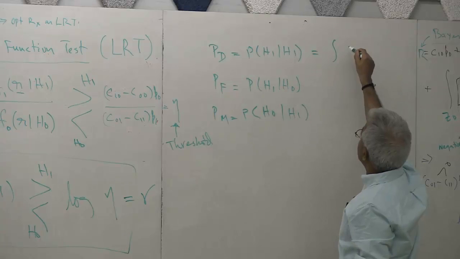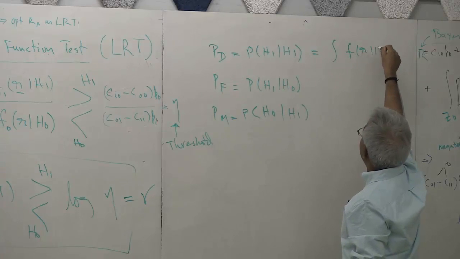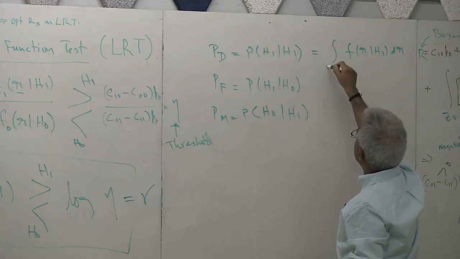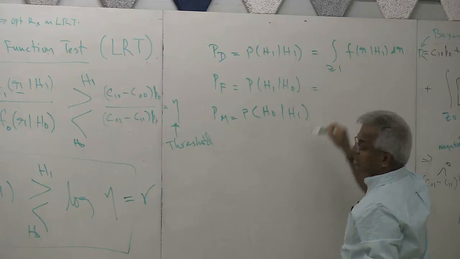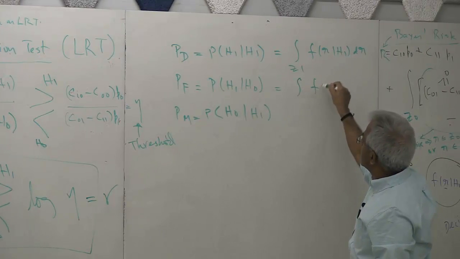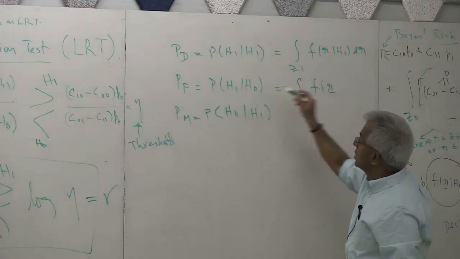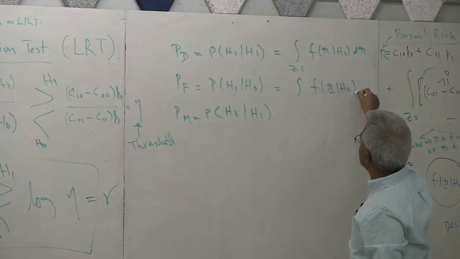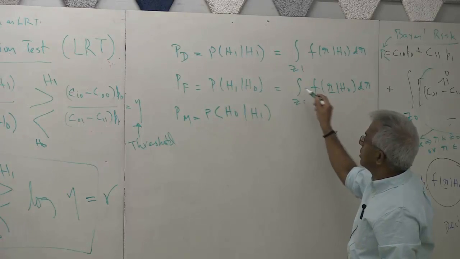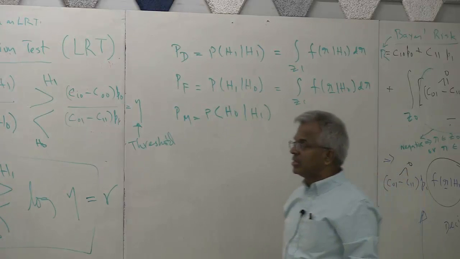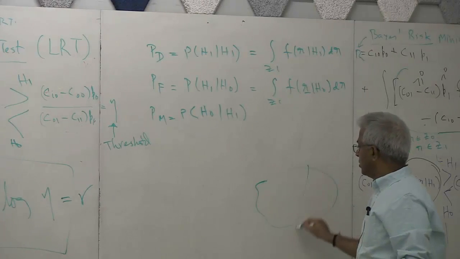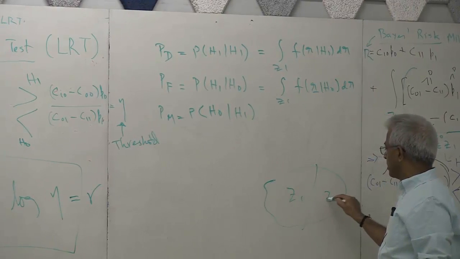So you have R given H1, and you integrate over all of Z1, and you get that one. I have it there also. Here you have the data given H0, you want that density function, but you integrate over Z1, and that gives you the probability of false alarm. It makes sense here. Look at here: if this is your two regions, I'll make it simple.